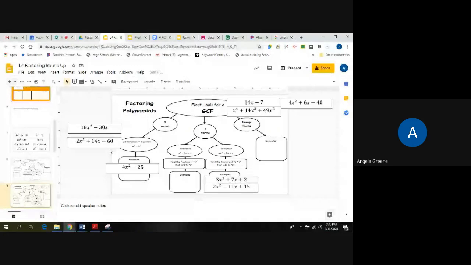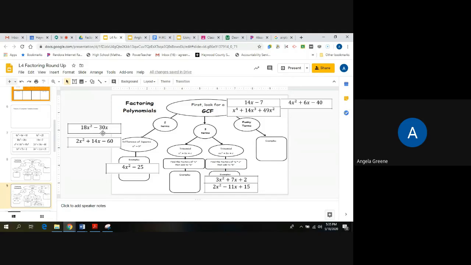Okay, now this one has 2 terms, and it's got subtraction between them, but it doesn't look like each of these are perfect squares. So how am I going to factor it? Oh, let's go back up to the top. It appears that we've got a GCF.